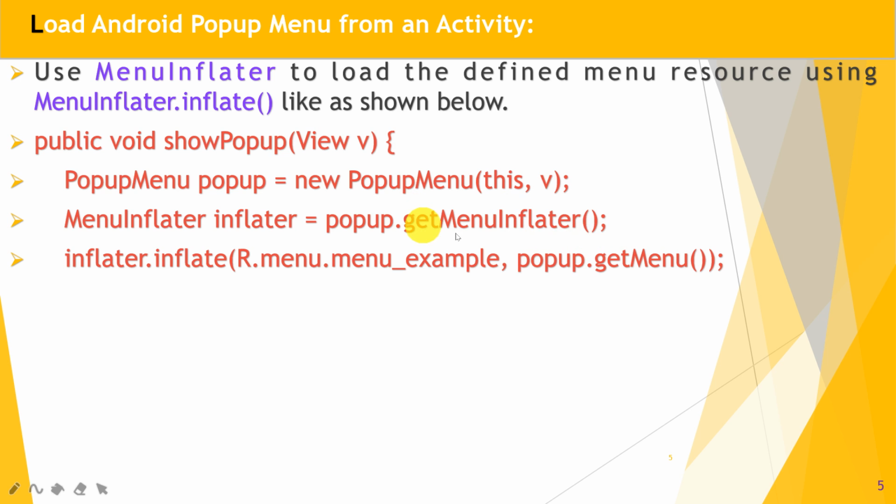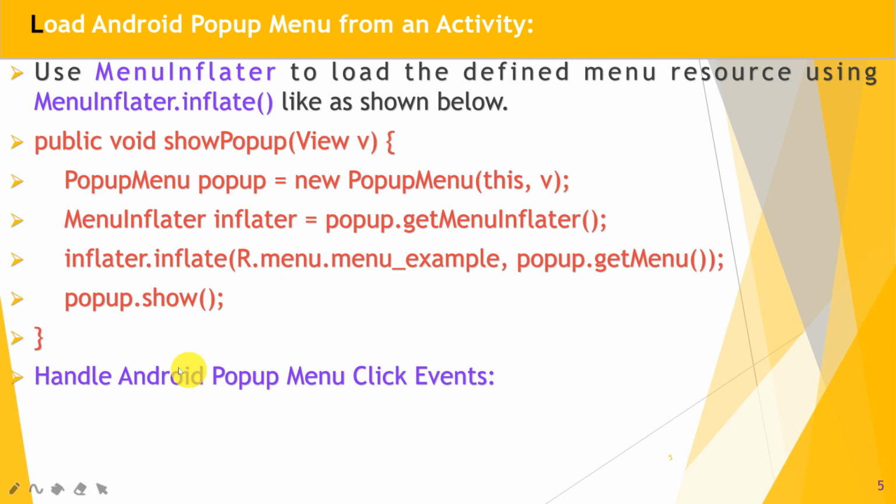So it returns the reference of the inflater. So inflater.inflate, and you have to bind R.menu.menu_example to your particular reference, that is the view, and then popup.show. Great guys, hope you understand how to load the Android pop-up menu from an activity.